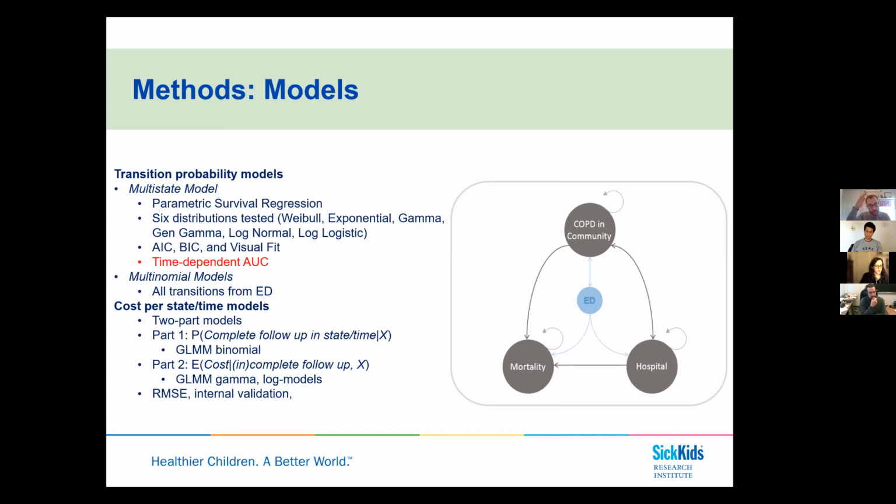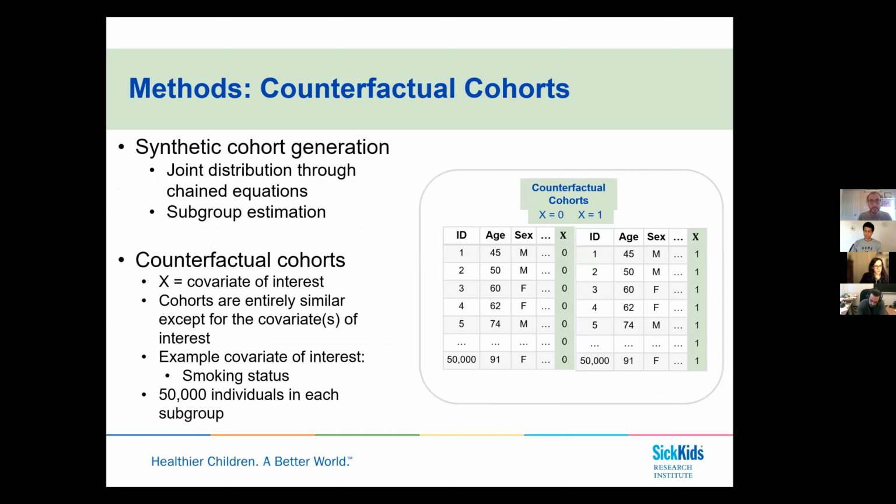And we tried to capture the time dependency of that within a given state. And again, we tried to validate as much as we could, internally and somewhat externally, these estimates of cost that we extracted. Now, this is the regression modeling part on the data.